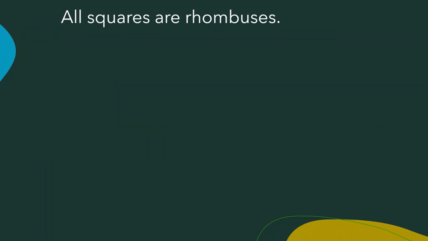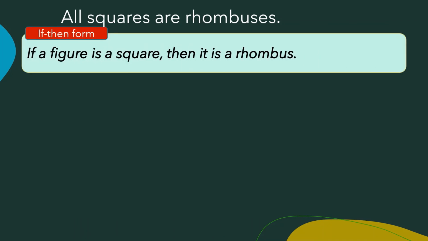Another one. All squares are rhombuses. Again, all squares are rhombuses. So in if-then form, what's your answer? Your answer should be, if a figure is a square, then it is a rhombus. How about the converse? Correct.